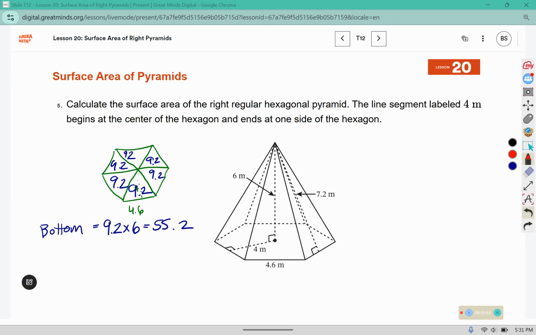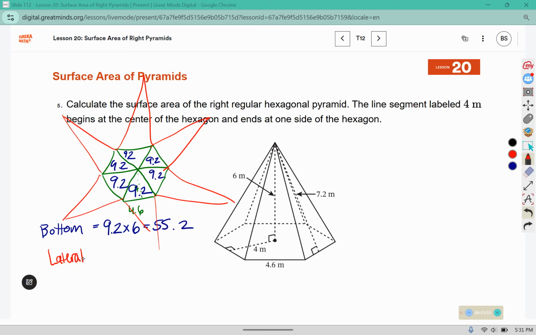Then I also have long, skinny triangles coming out of the sides of the hexagon. So these have a side length of 4.6, and a height of 7.2.